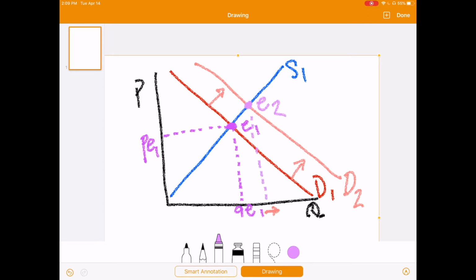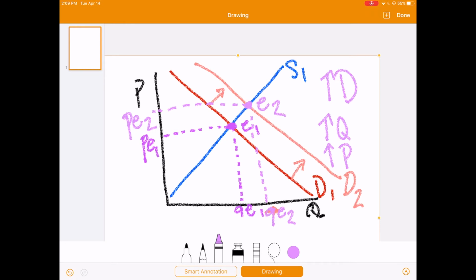I'm going to follow the dotted lines. Then I'm going to call it quantity equilibrium 2, and come over here and call it price equilibrium 2. And so when there is an increase in demand, there is an increase in quantity and an increase in price.